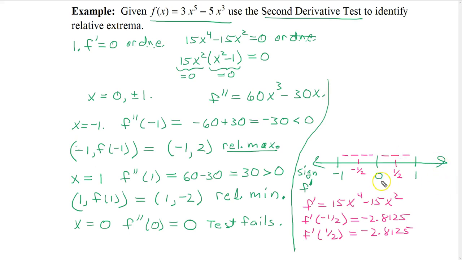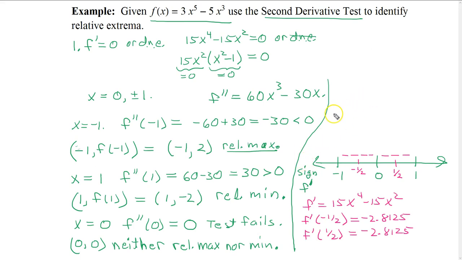So what that means is that 0 is neither a relative maximum nor a relative minimum. So we'll put it over here. 0, f of 0 is 0, is neither a relative max nor minimum.